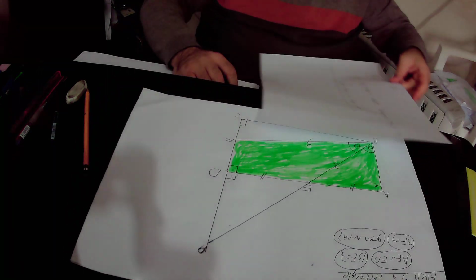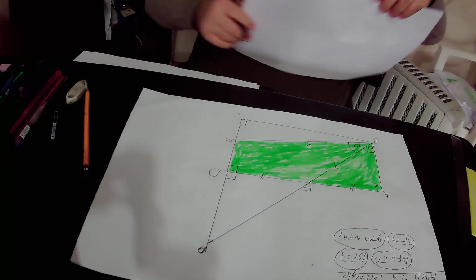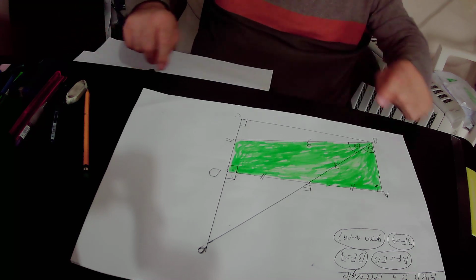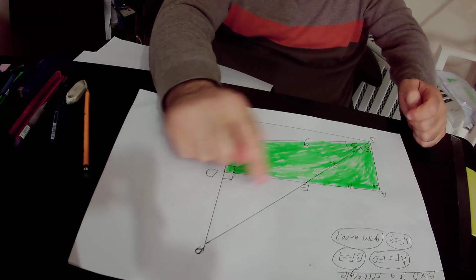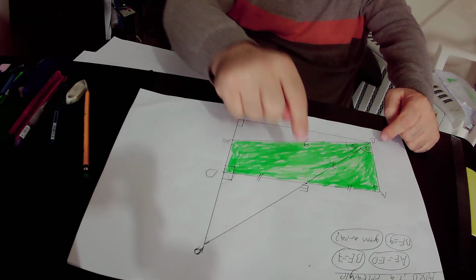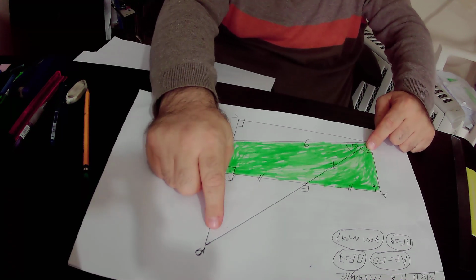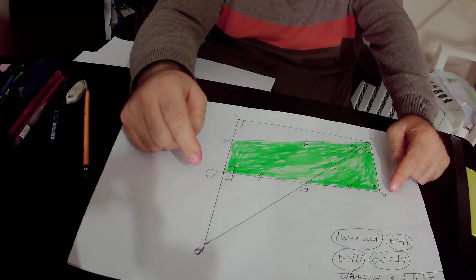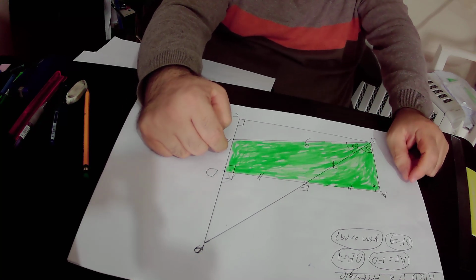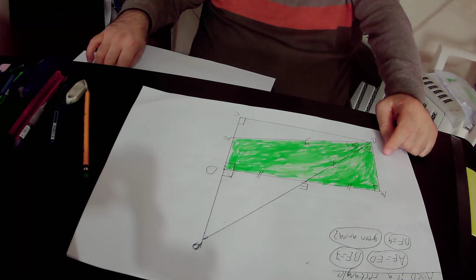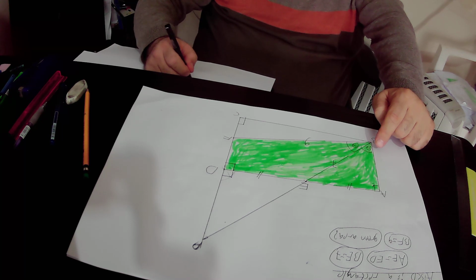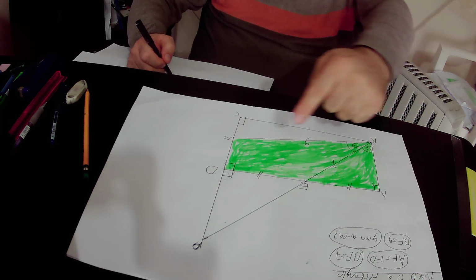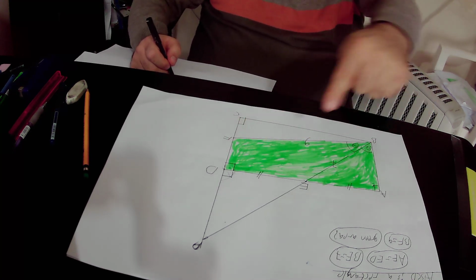So here we have those two angles, angle EPD and angle ABE, which are defined as alternating angles. They are located between the parallel lines AB and PC, therefore they are equal to each other according to rule number 2. So we can write down that angle ABE is equal to angle EPD.